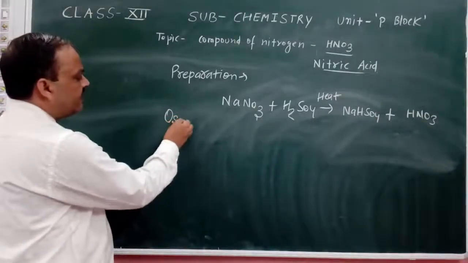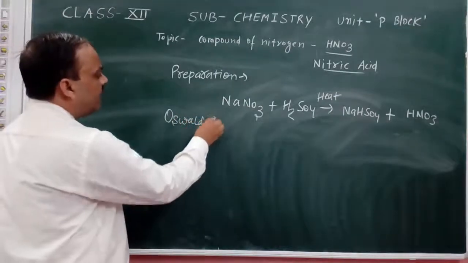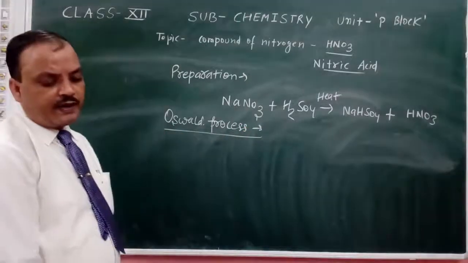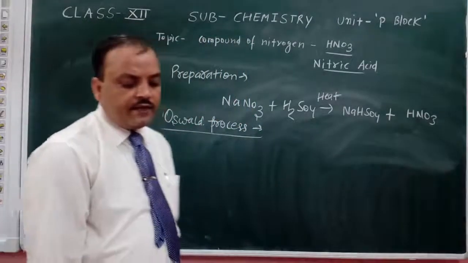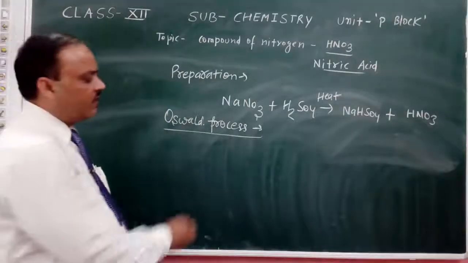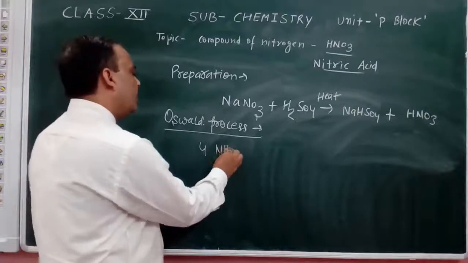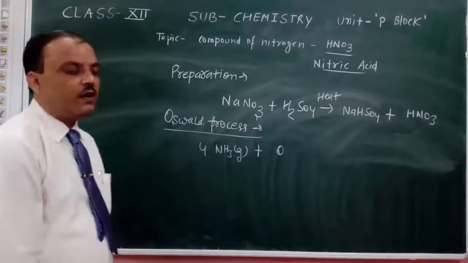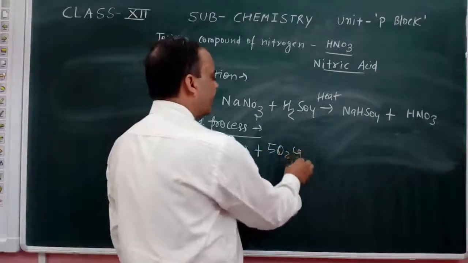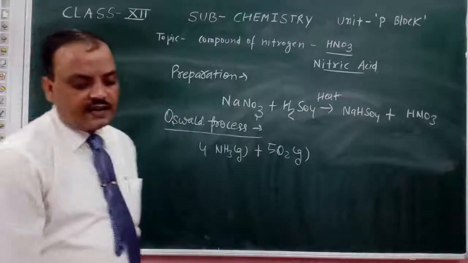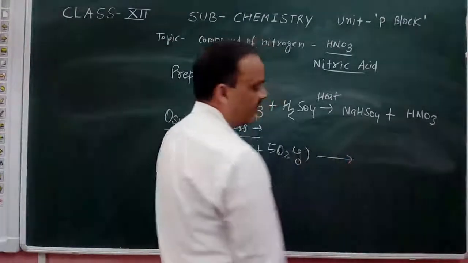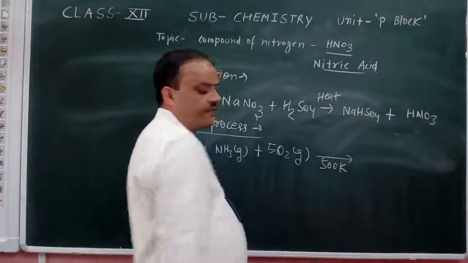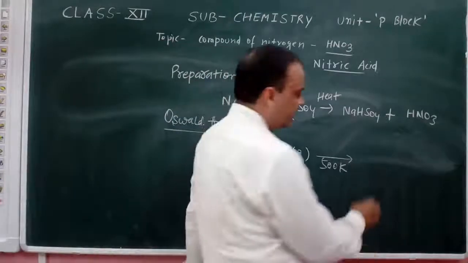Another process, an industrial process, is known as the Ostwald process for the preparation of nitric acid. Here we react ammonia gas with oxygen gas at 500 Kelvin temperature, and we get the products NO and H2O.